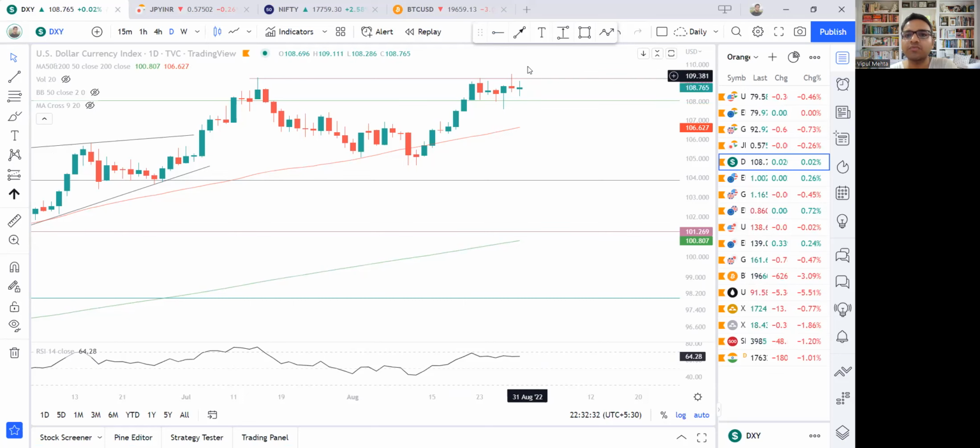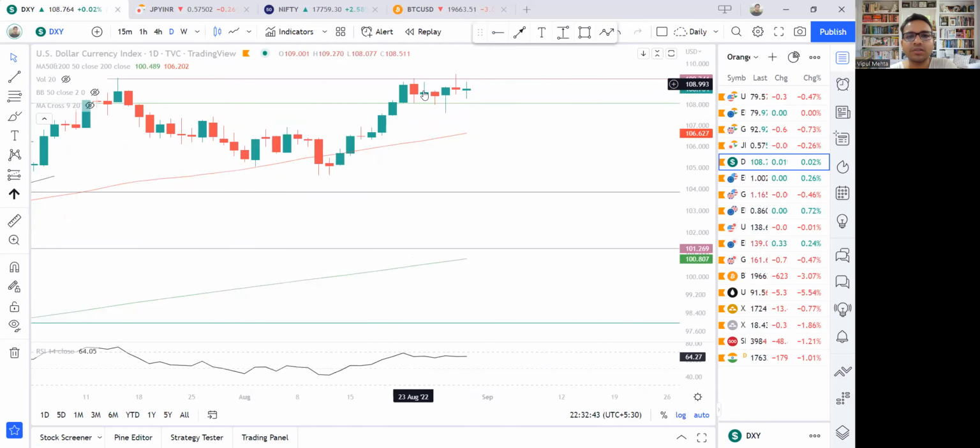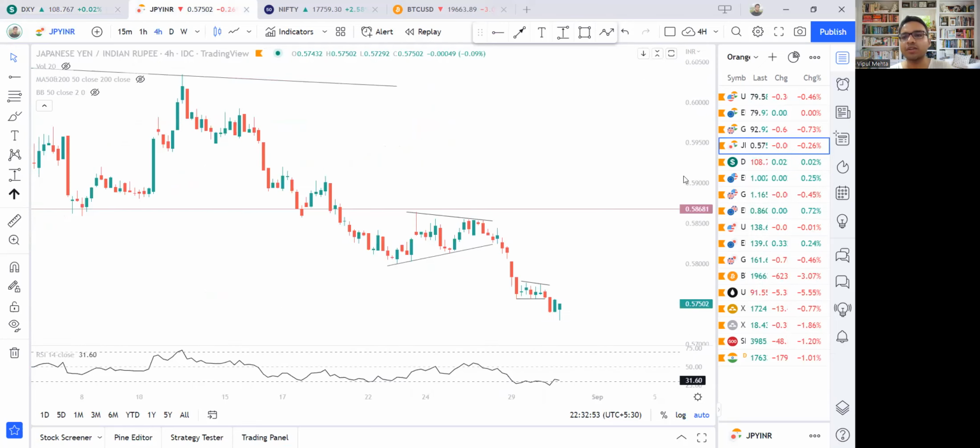Breached meaning a comfortable day close. That has not happened yet. The price touches, goes back down, then this buying happens, selling again happens. So we are doing continuous touches of this 109.25, 109.3 level, and no clear indication of whether the price will break it comfortably or not.